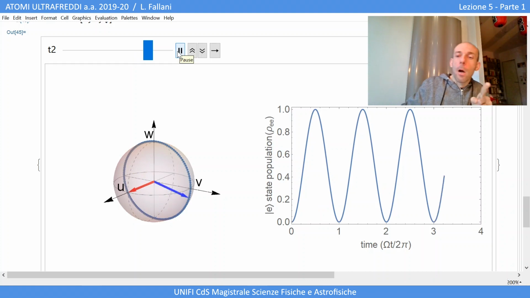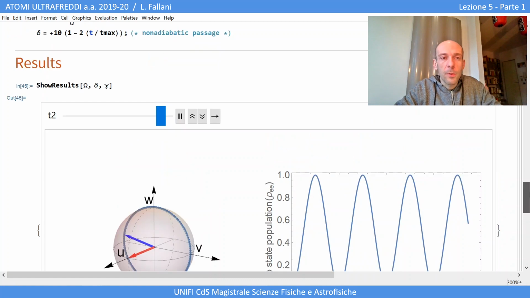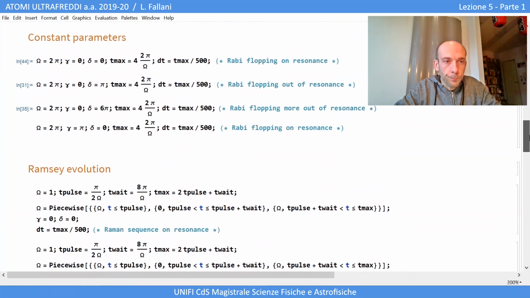Okay, now let's put in some detuning. So now we still have 0 relaxation, but a finite detuning. This is a Rabi flopping out of resonance.